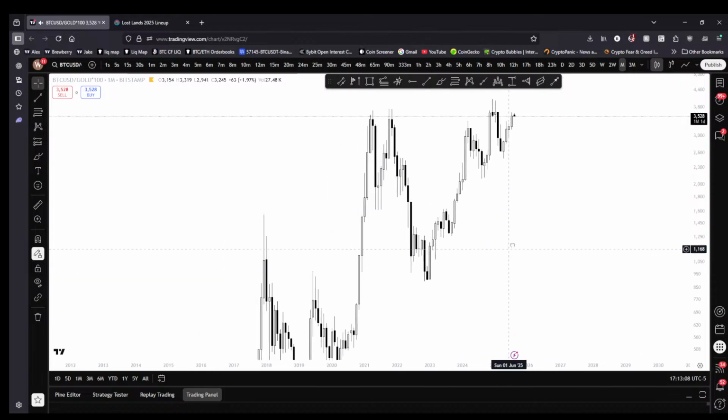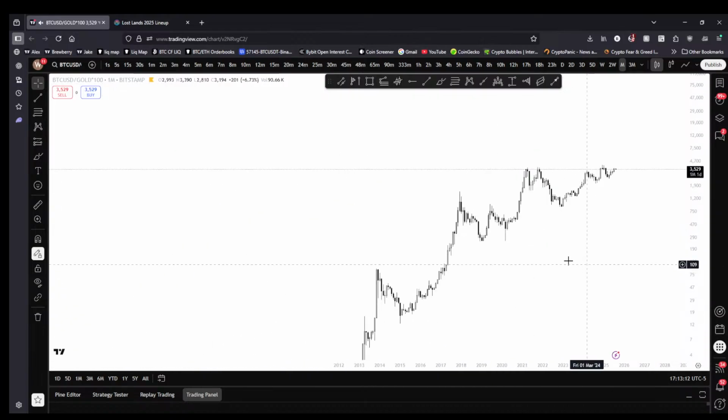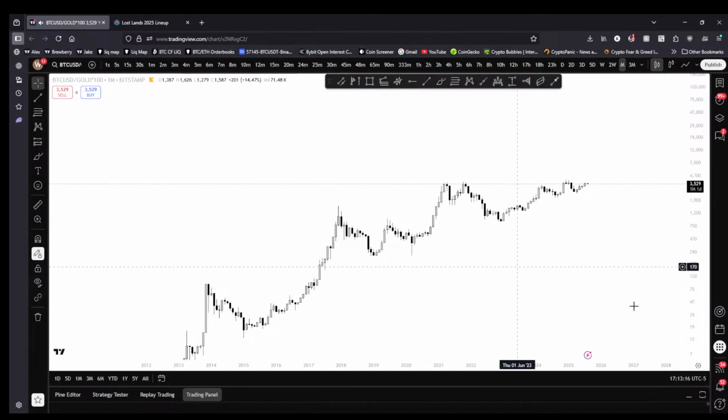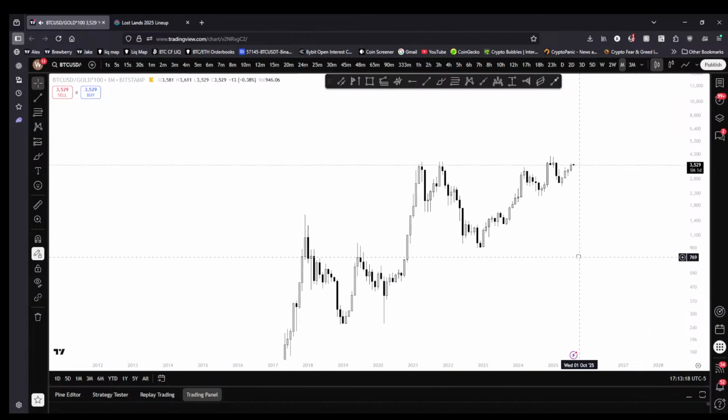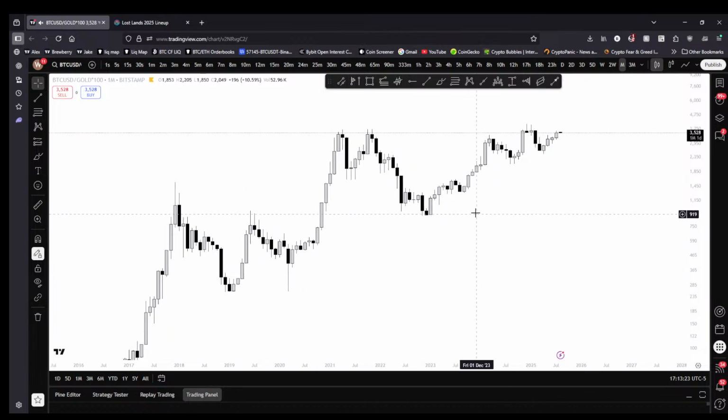For example, if we look at the macro, this is the best macro chart for Bitcoin. If we look at the macro relationship between Bitcoin and gold and do some market analysis here, let's apply some of the stuff that we've learned, right? So we know about trading ranges.